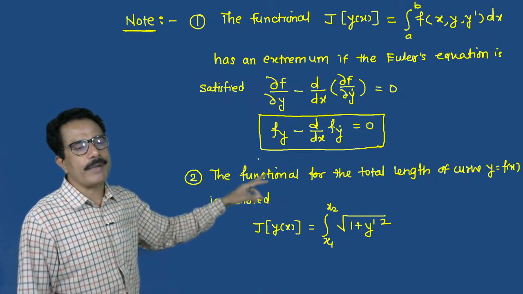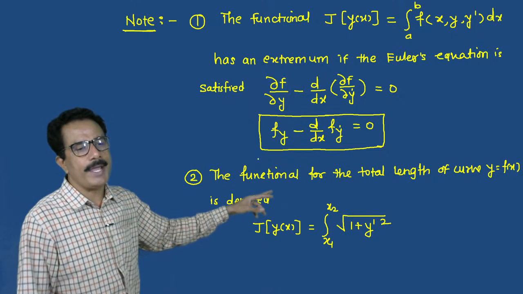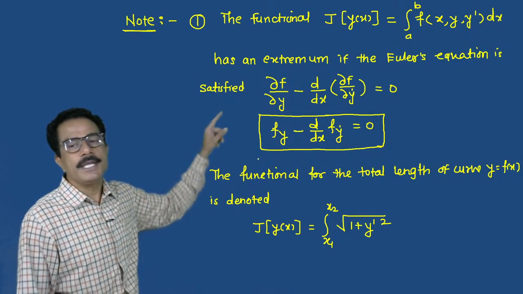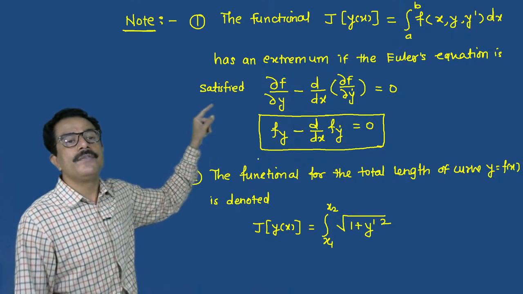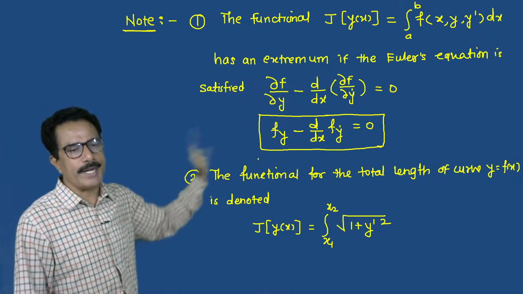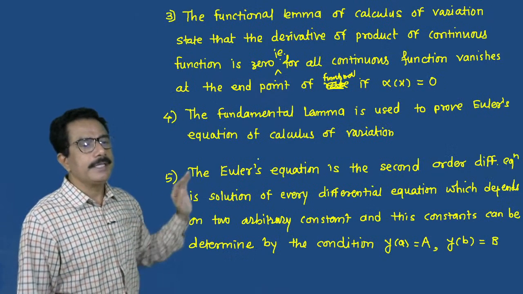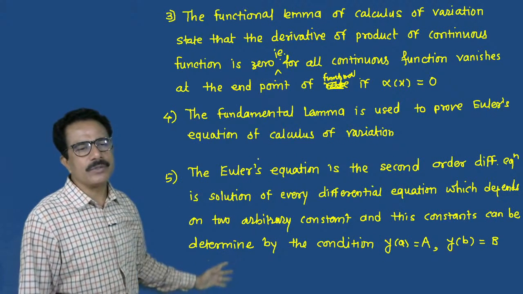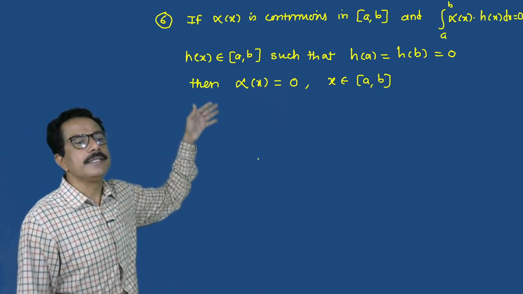So f suffix y minus d by dx of f y dash. Here the given function is a function of x comma y dash. Then these are the remaining notes you have already studied. This is the fundamental theorem of calculus. Now we have to discuss the Euler's special condition.